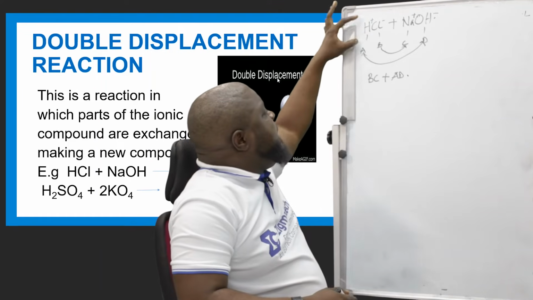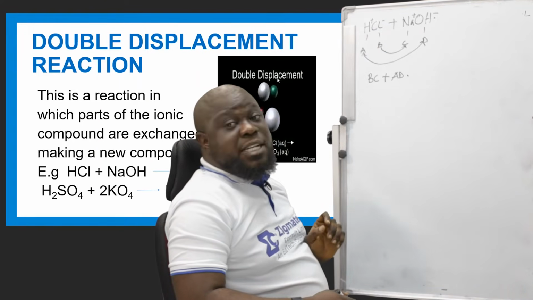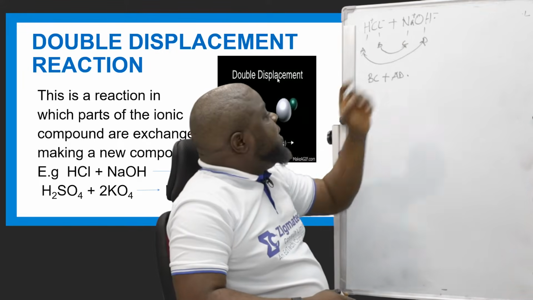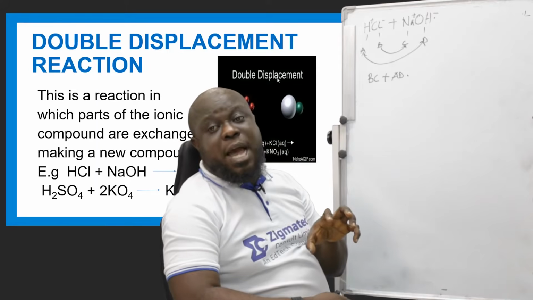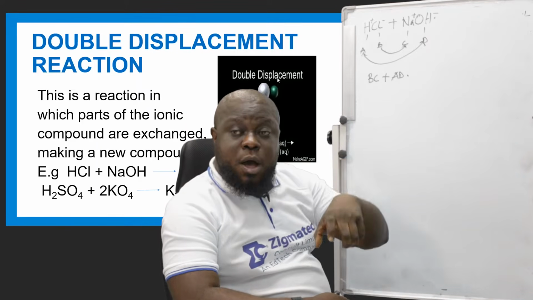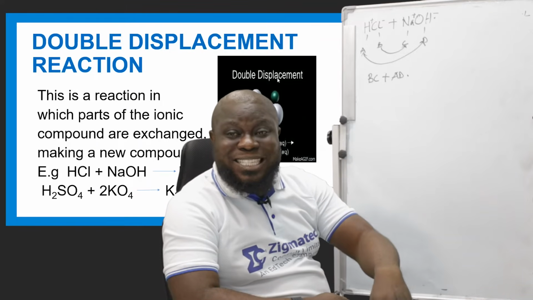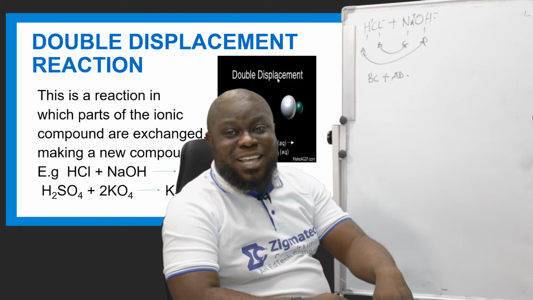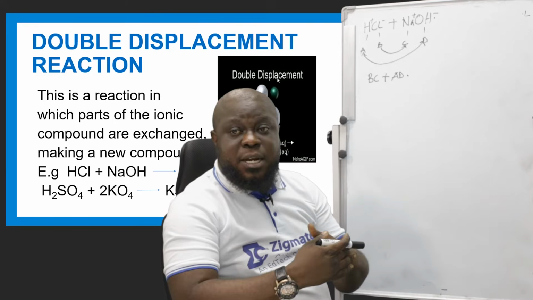Now, if you check, B has a negative sign, and C has a positive sign. So in essence, both of them will work ionically. Remember, like charges is not electrical. Opposite charges is electrical.